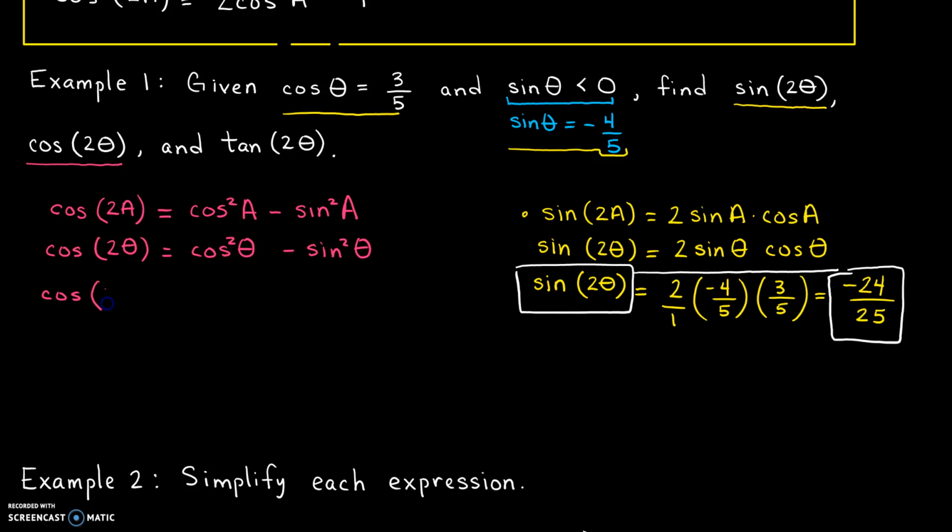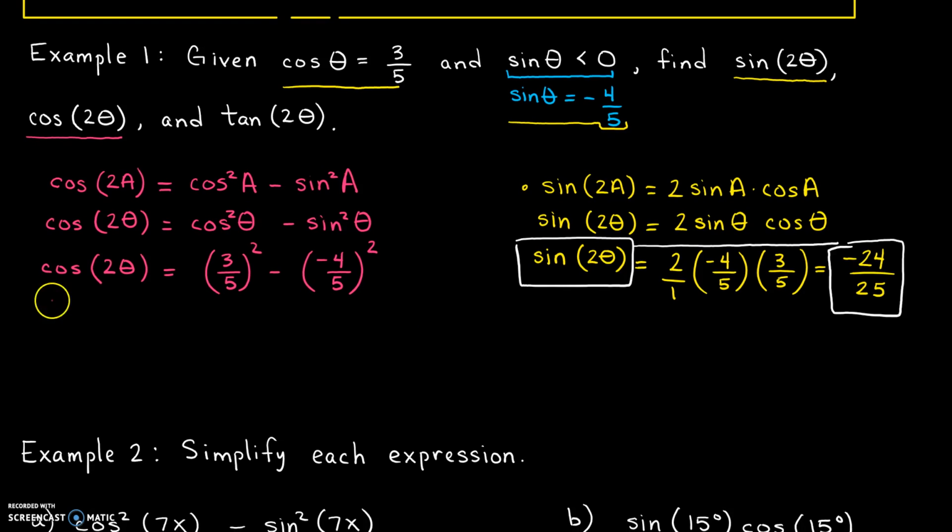So we're going to have cosine of 2 theta is equal, let's see, cosine is 3/5, so this is cosine squared, so that's going to be 3/5 squared minus, now here sine, I'm sorry, is negative 4 over 5, so sine squared would be negative 4 over 5 squared. And so we have this set up here.